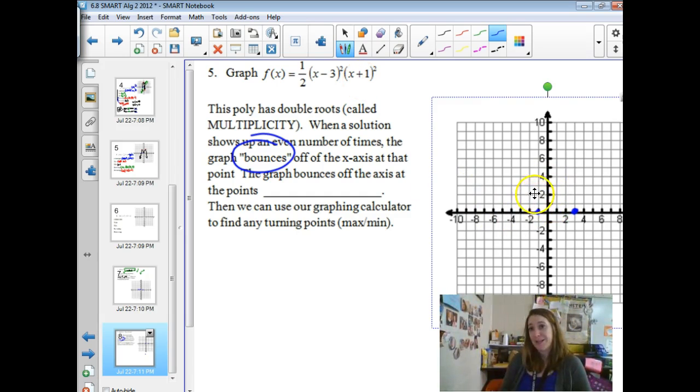I don't know exactly what it looks like, but it's going to do something like this where it bounces off and then makes this W shape. I'm kind of making up the shape exactly. I would have to use a calculator to get some more information, but there you go. So the graph bounces off the x-axis at the points x equals negative 3 and x equals negative 1.